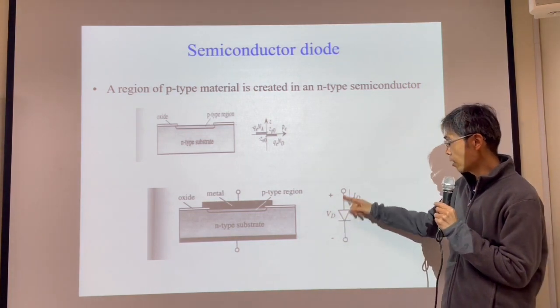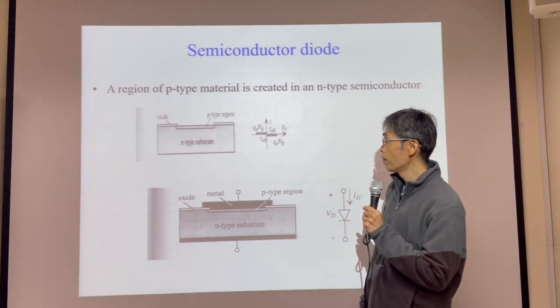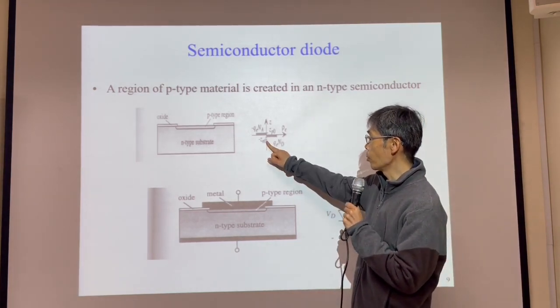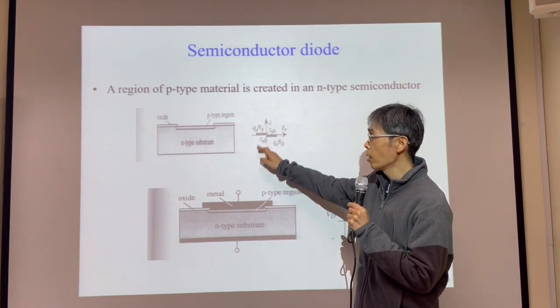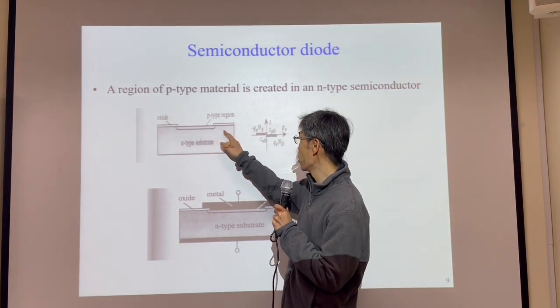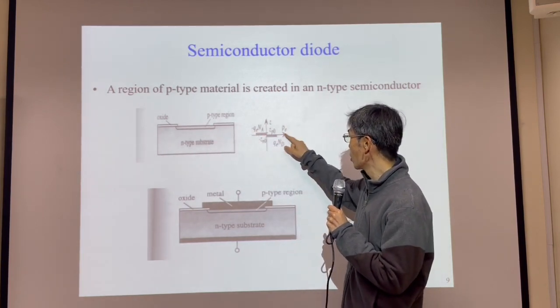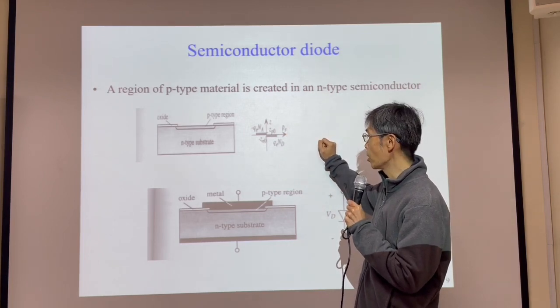So VD is the diode voltage. And this figure represents the charge. The Y coordinate represents the distance at the PN junction. So this is, say, charge density.